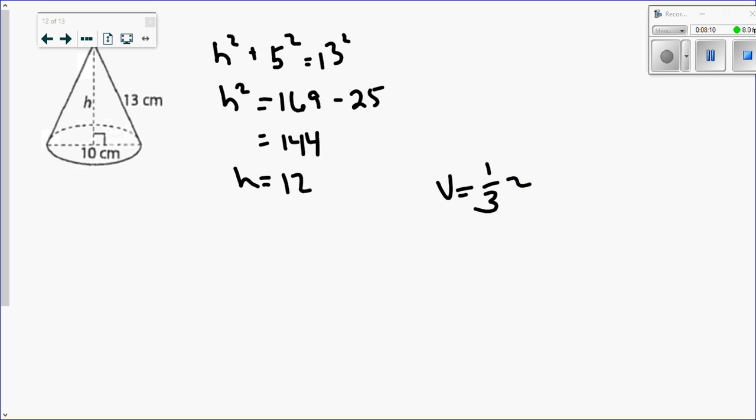And now we're back to regular muckety muck. Radius of 5. Oh, I forgot my squared. That's better. Times 12 equals 314.2.